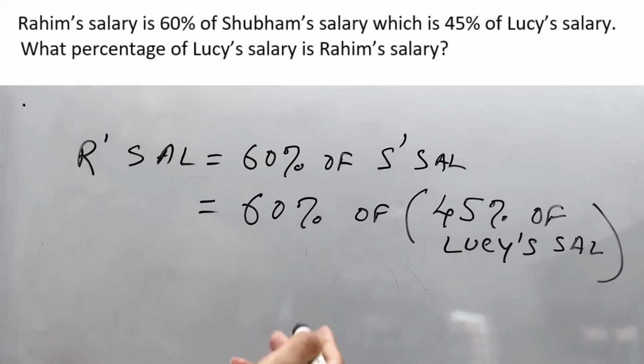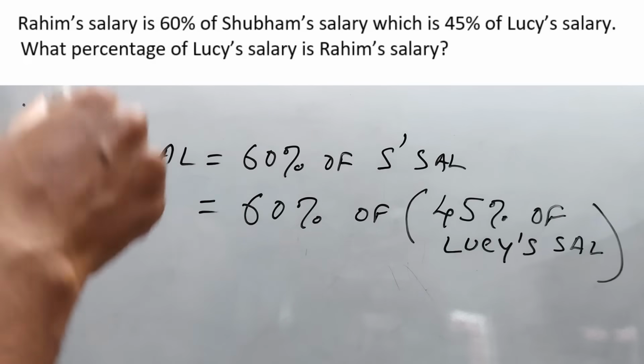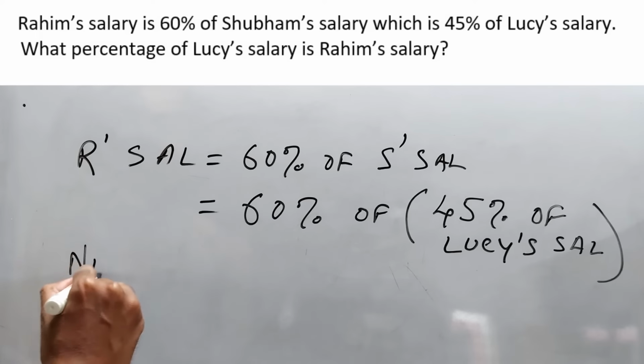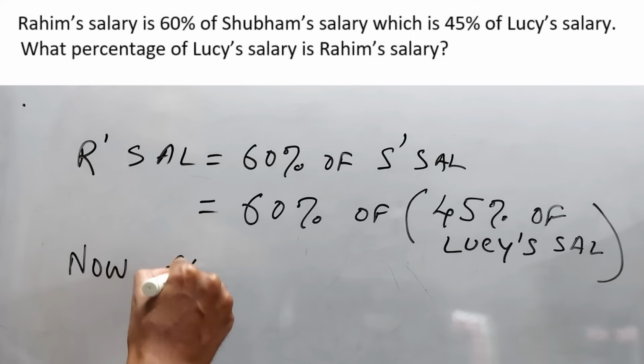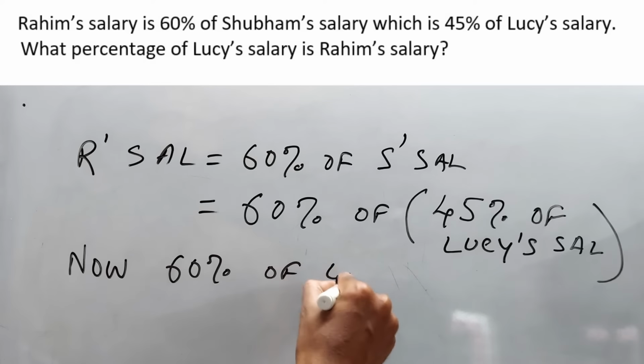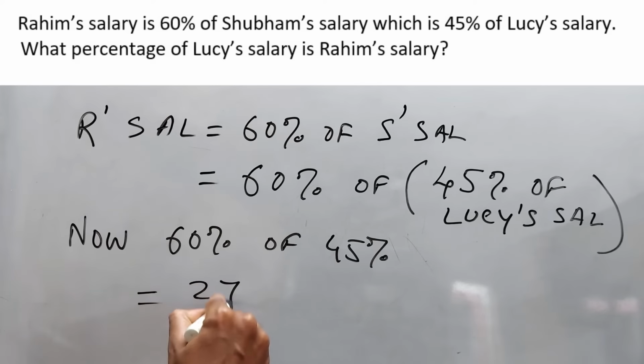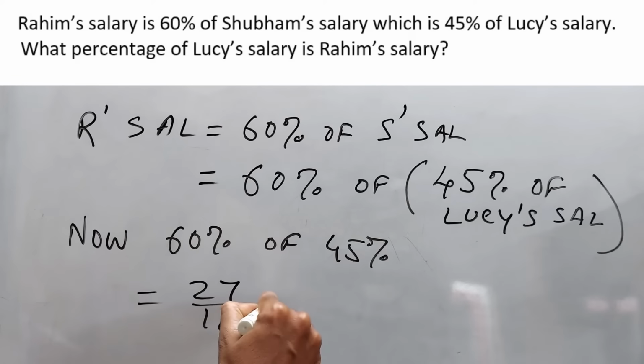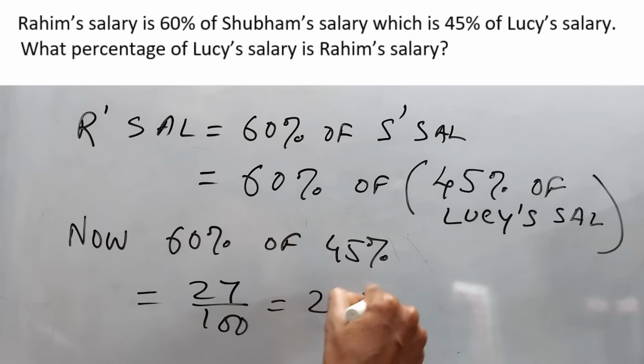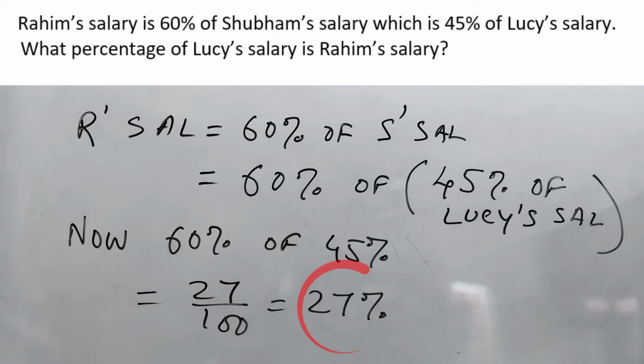Here we can see the practical experience of the thing we have discussed previously. Now simple thing, 60% of 45%, we know how to get it. This is 27 by 100, right? That means 27%. This is our answer, my friend.